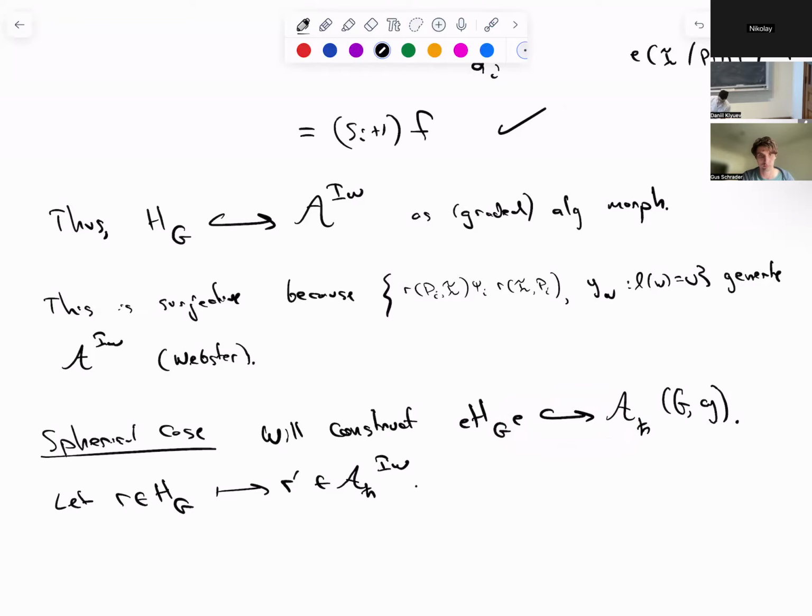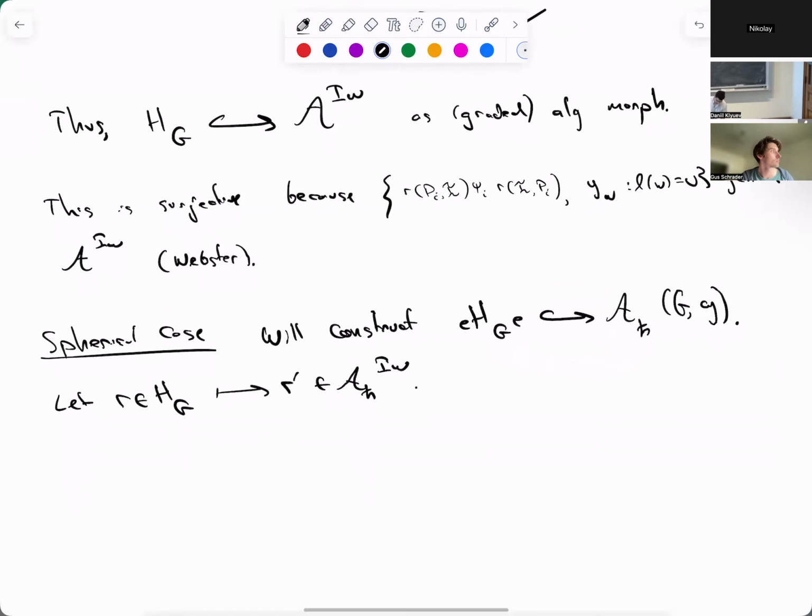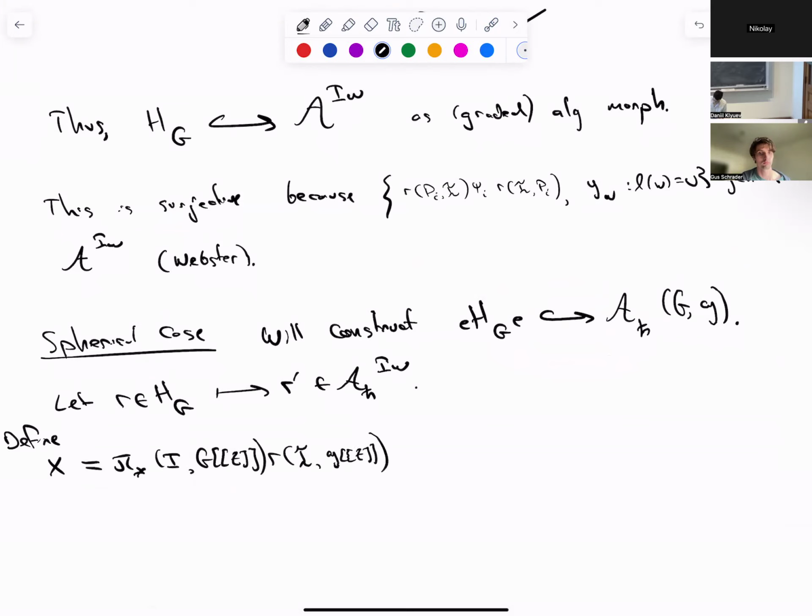To do that, I have to introduce two operators. One will be an X operator, which will be given by the following: we go from the Iwahori algebra to the Iwahori positive loops, to the loop group, positive loop group, and positive loop algebra.